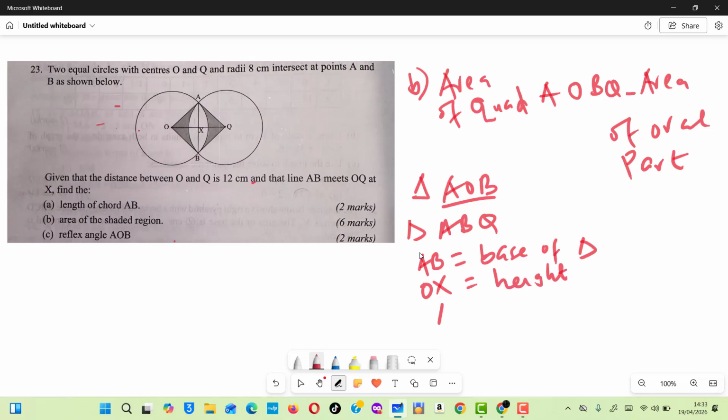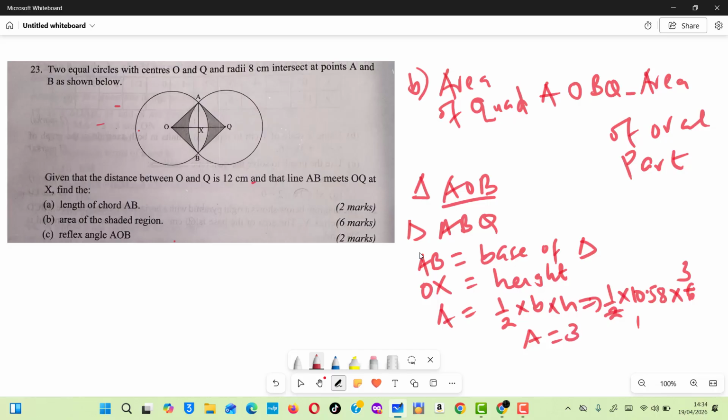So if you want to find the area of a triangle, the formula is a half multiplied by base multiplied by height. So this will give us a half multiplied by the base, which is 10.58 as we calculated in part A, multiplied by the height, which is 6. Simplifying further, this will give us the area of one triangle AOB as 10.58 multiplied by 3.